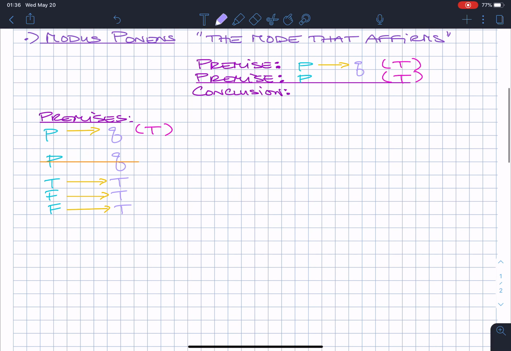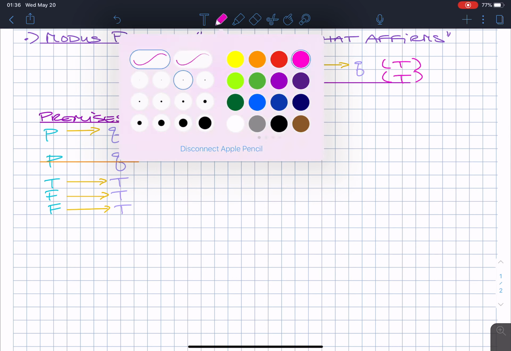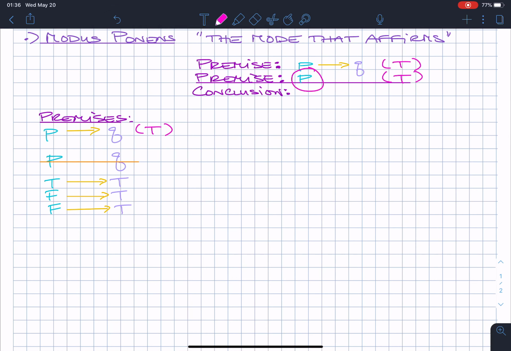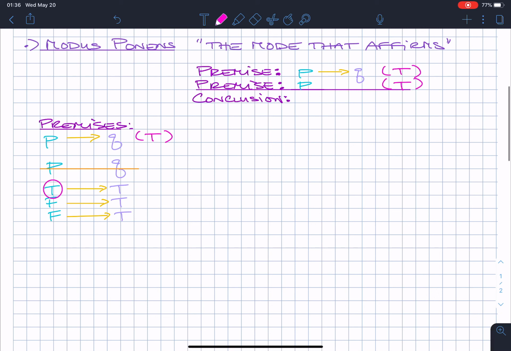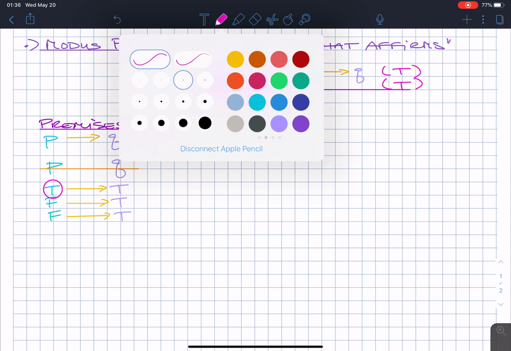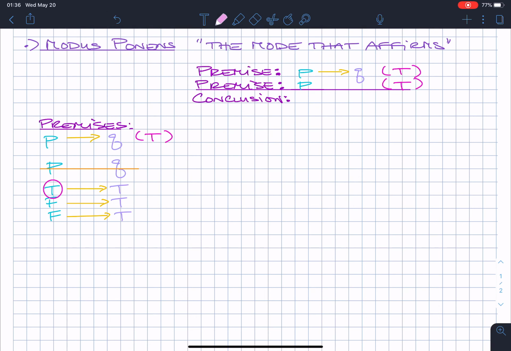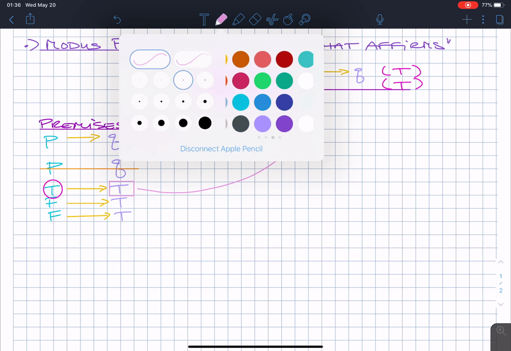But we also know from the premise that P is true. The only case where P is true is here. So therefore my conclusion must be Q. The conclusion is that Q is true.